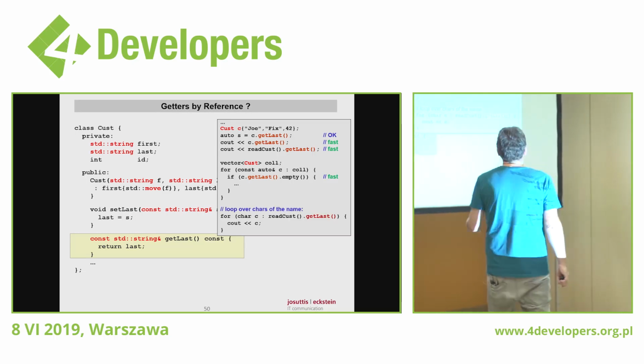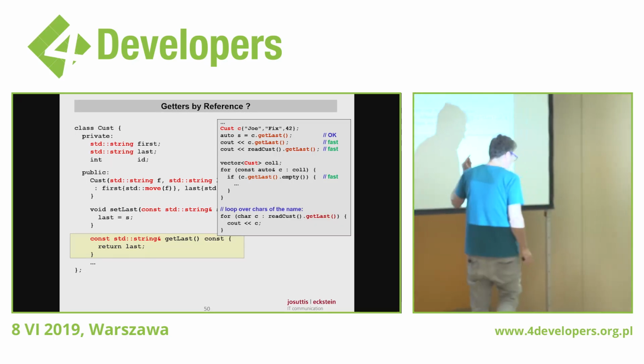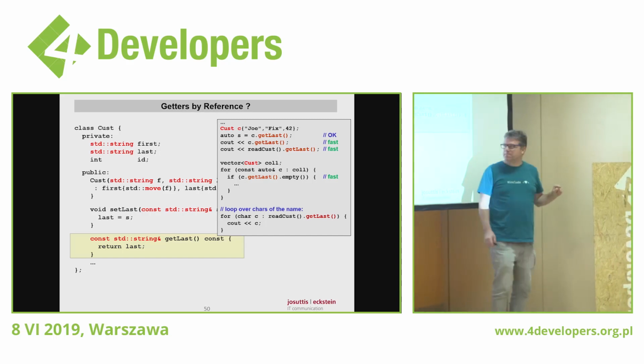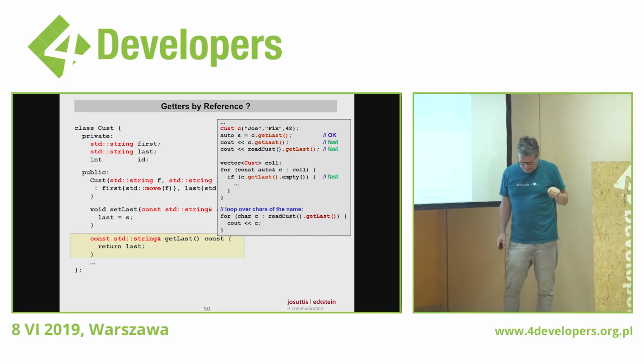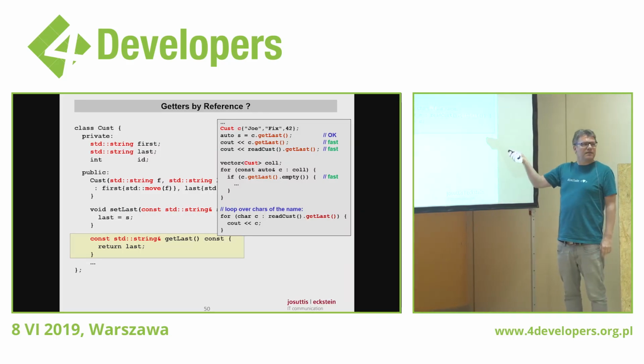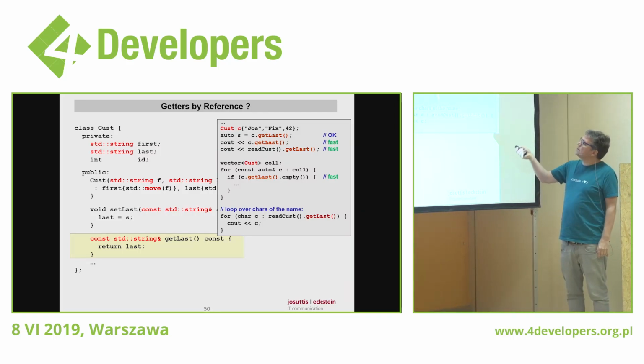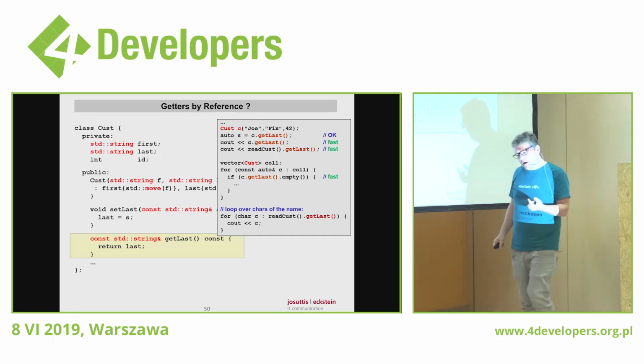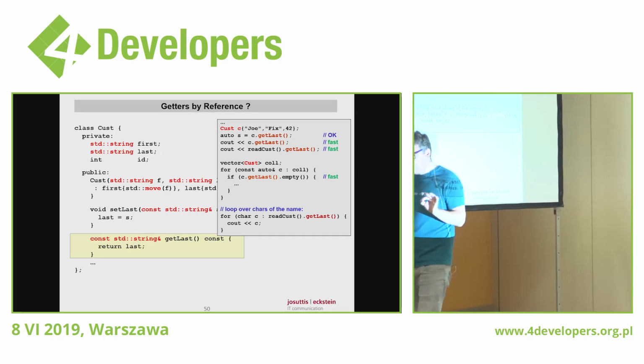Well, let's loop over the characters of a name returned by a temporary, by a function that returns a customer. So let's have a function read customer. Let's read the customer. It returns a new customer, a temporary object.